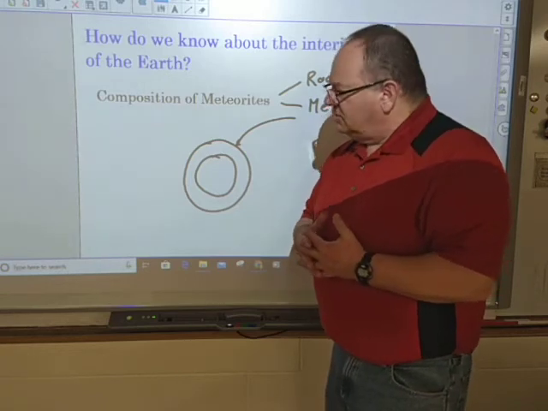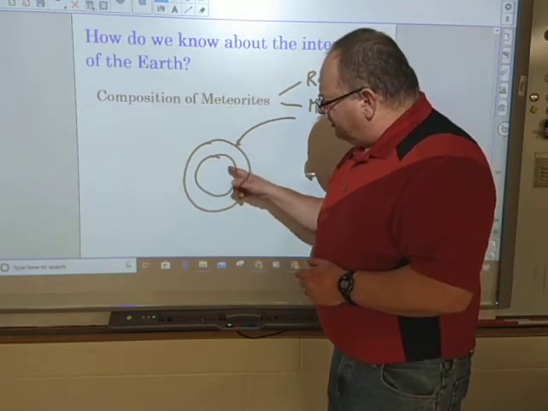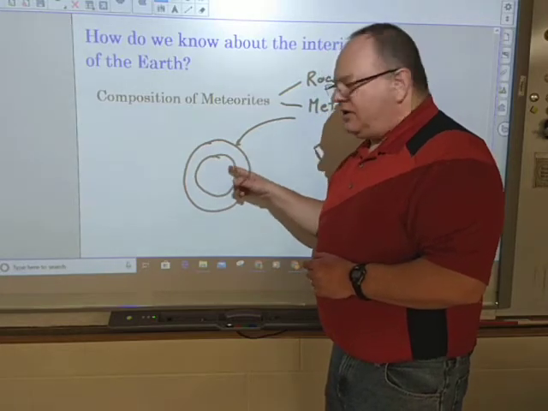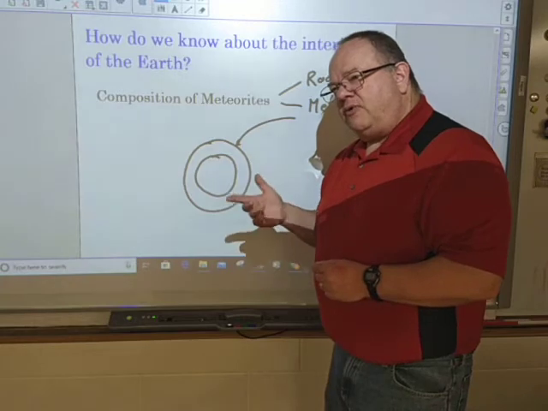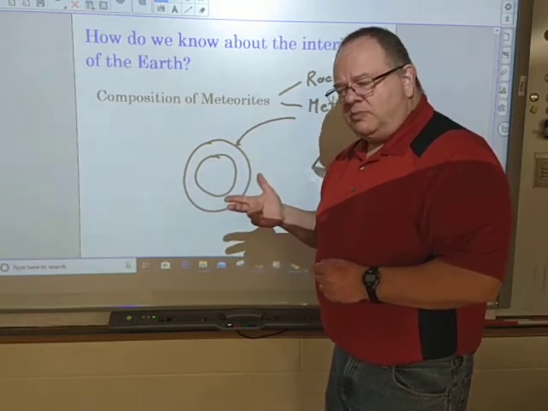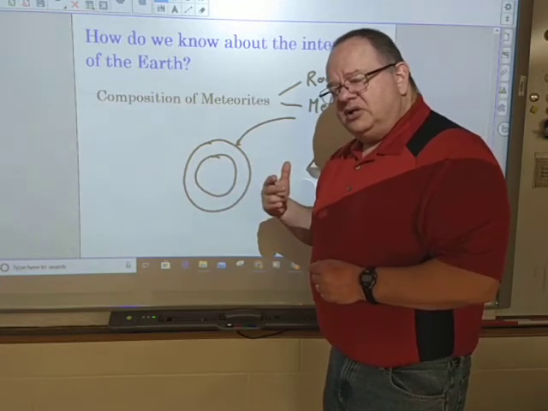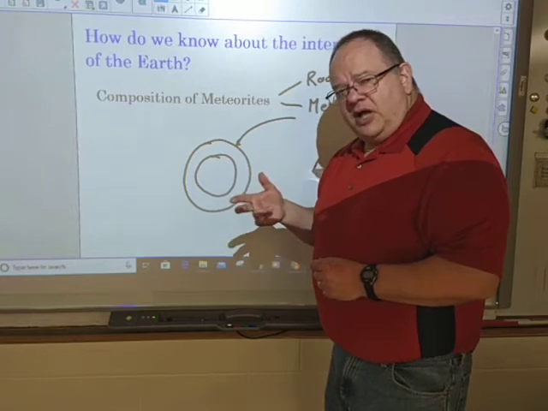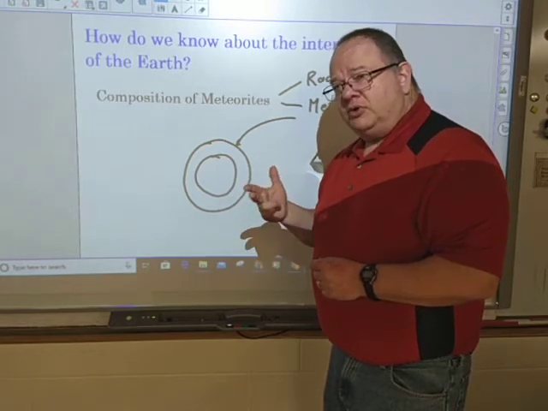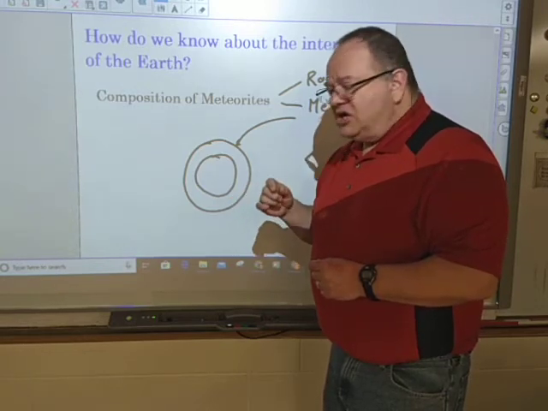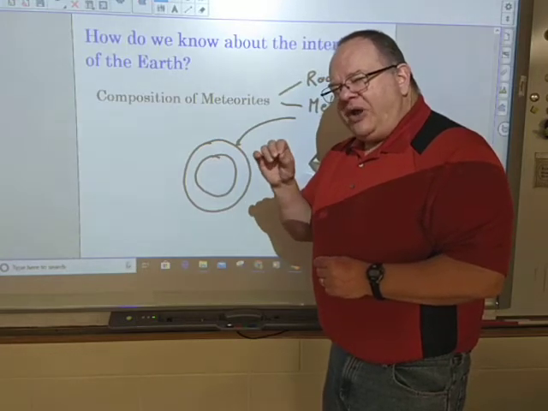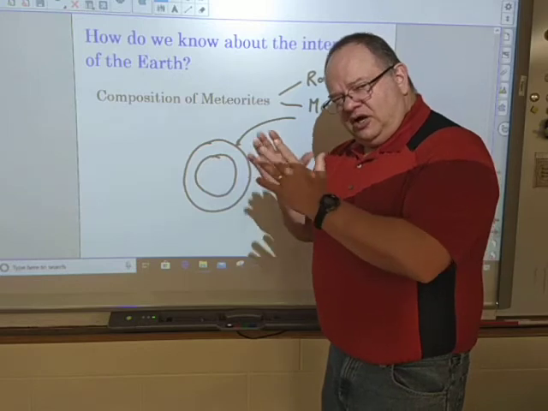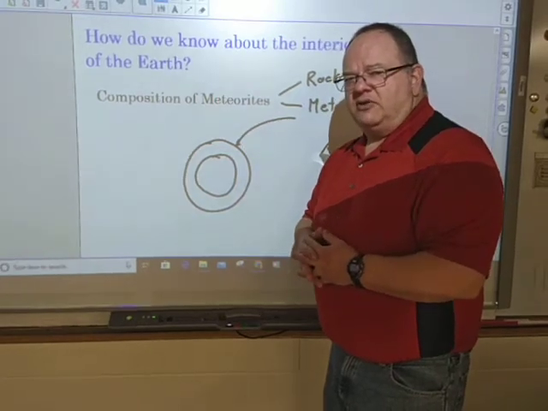7 miles. This Earth is about 4,000 miles in radius. So when we go 7 miles, let's say 4,000 miles, 10% is 400 miles, 1% is 40 miles, 0.1% is 4 miles. So the deepest hole we've ever drilled is less than 0.2% of the radius of the Earth.